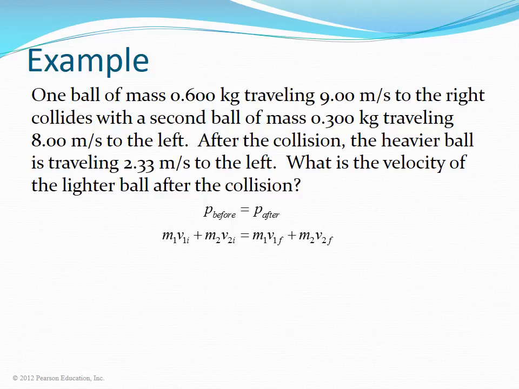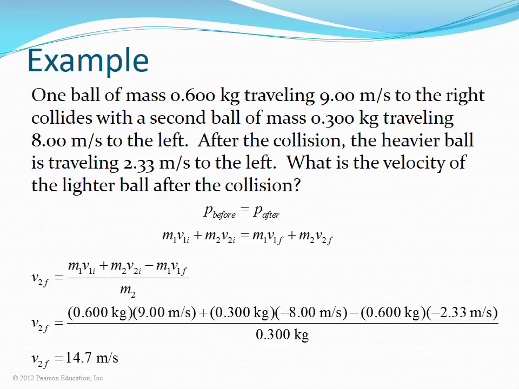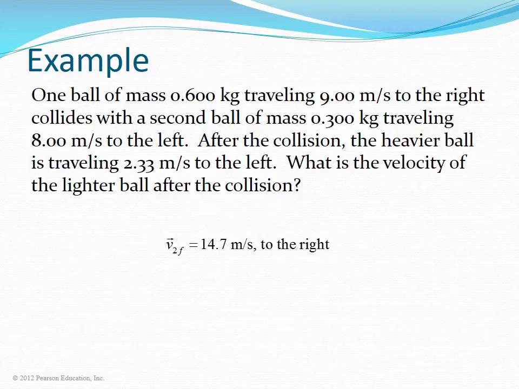The only unknown is the final velocity of the lighter ball. Solving for this gives us 14.7 meters per second to 3 significant figures. Since the velocity is positive and positive is to the right, the velocity is 14.7 meters per second to the right.